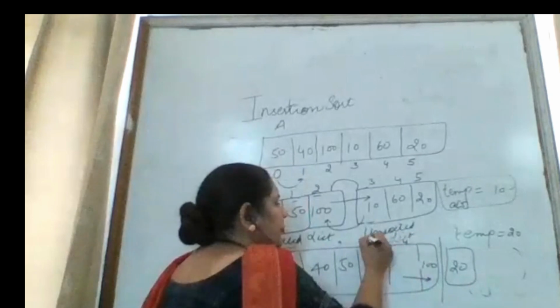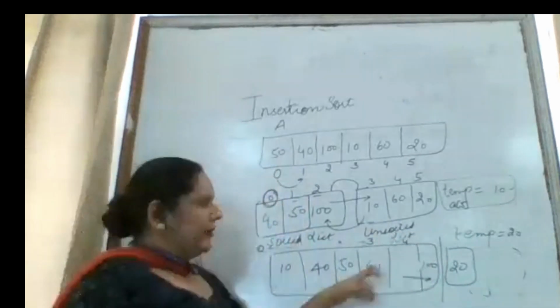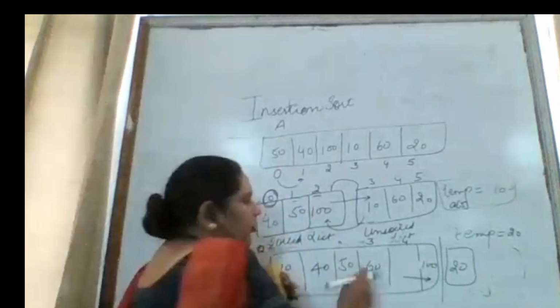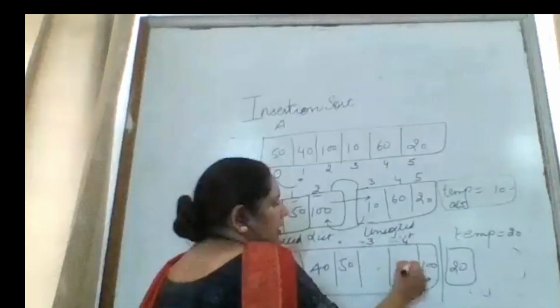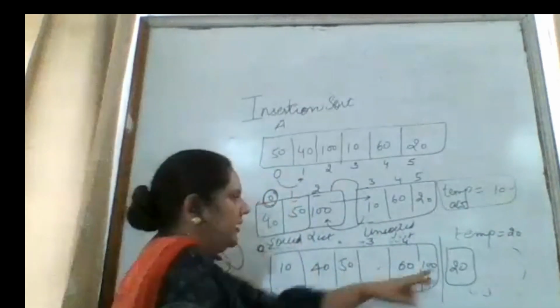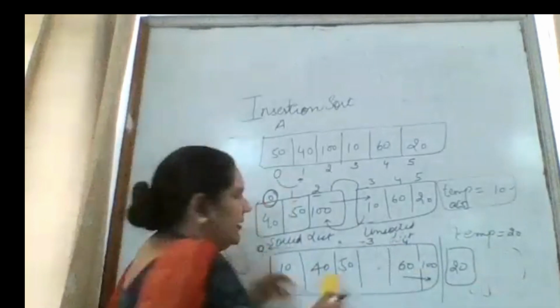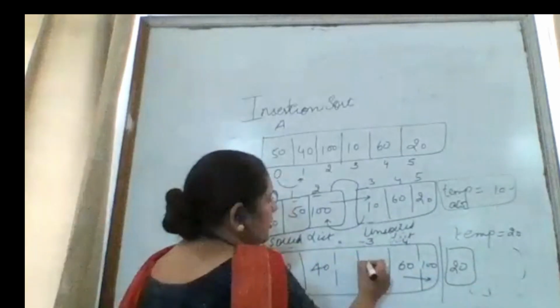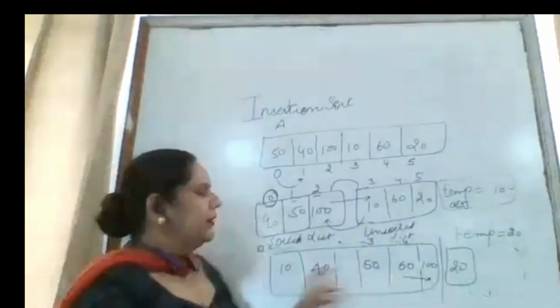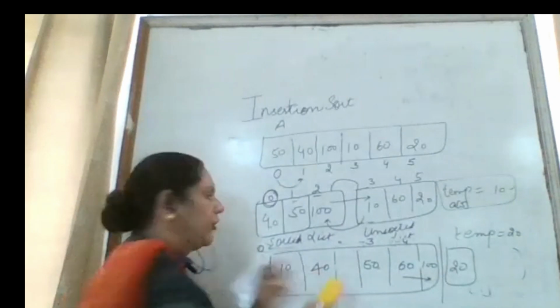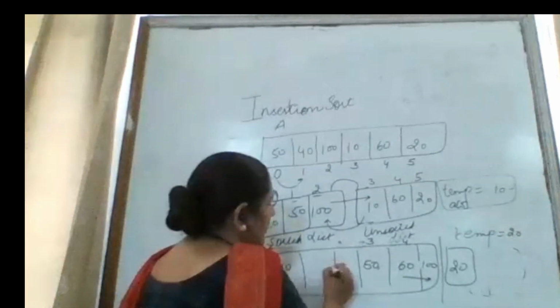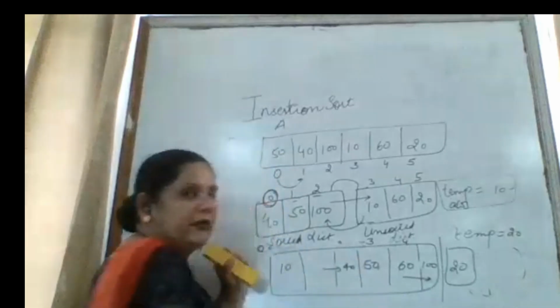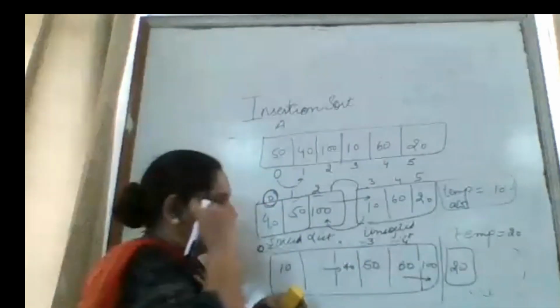This is my location number 4. This is my location number 3. 20 is less than 60. So move 60 one position right. Then compare 20 with 50. Take it one position right. Compare 20 with 40. 20 is smaller than 40. So you will move to the next position.